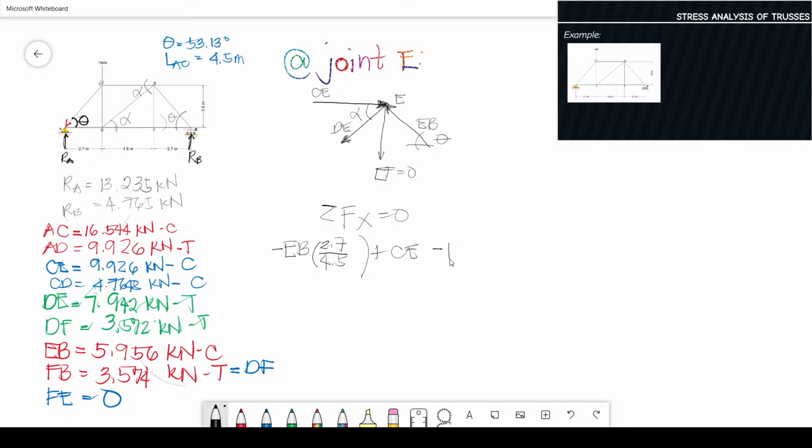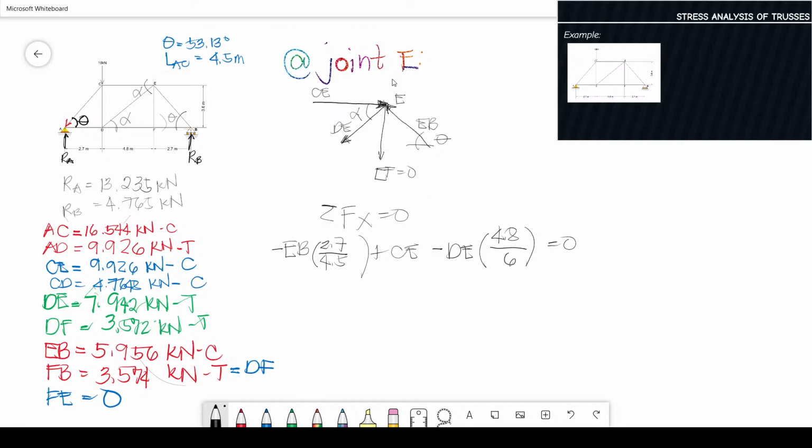So, this is to the left, minus DE times, again, the horizontal component is 4.8 over 6. Then, yun lang. 1, 2, 3. Tama. Is equal to 0.